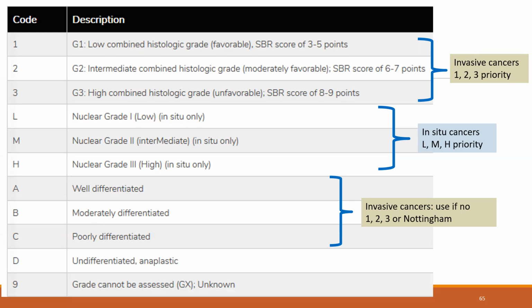A lot of the grade tables do not have the option A, B, C, or D, so then you do not have permission to go to the generic grade table. That's what you need in order to convert your grade if all you have is well, mod, or poorly diff.